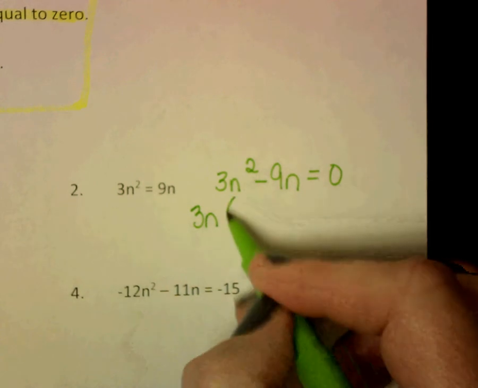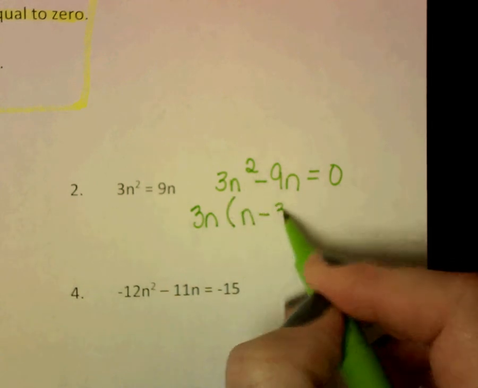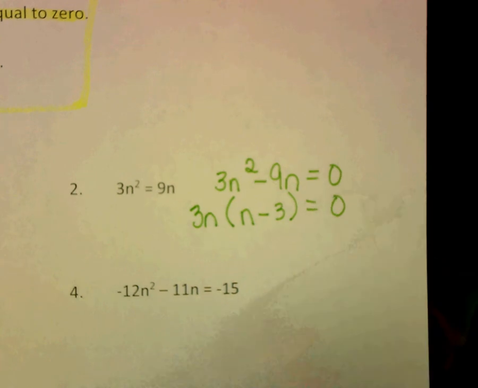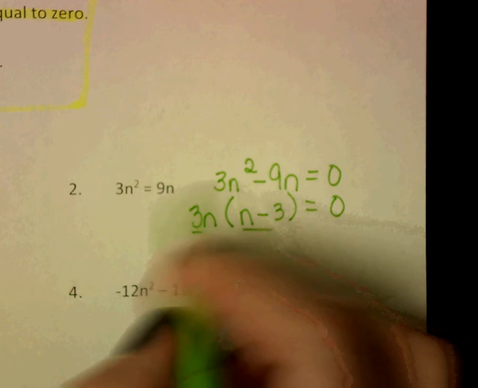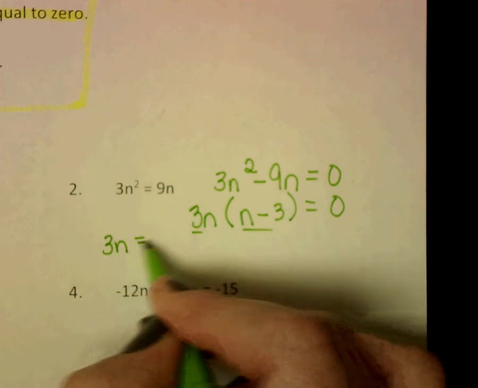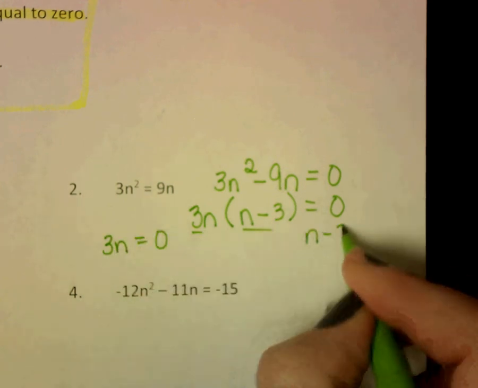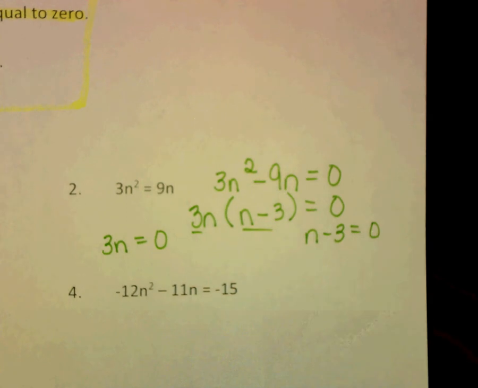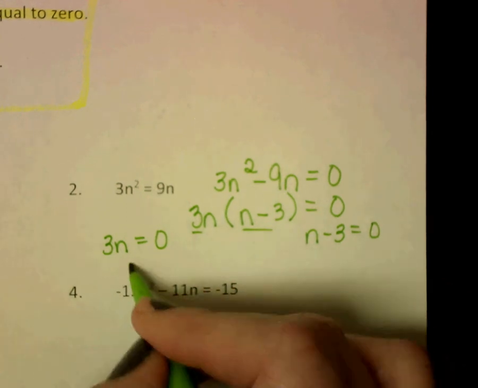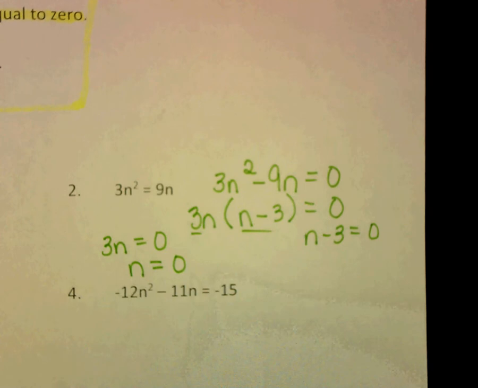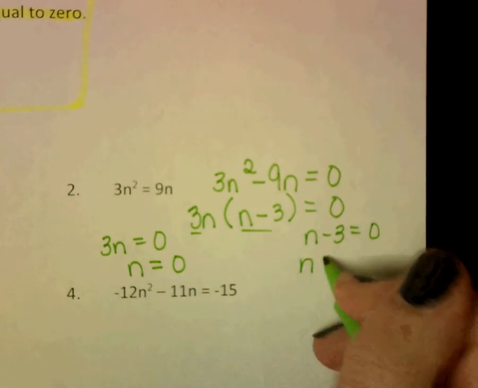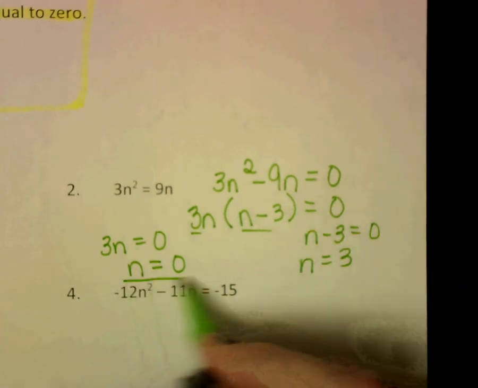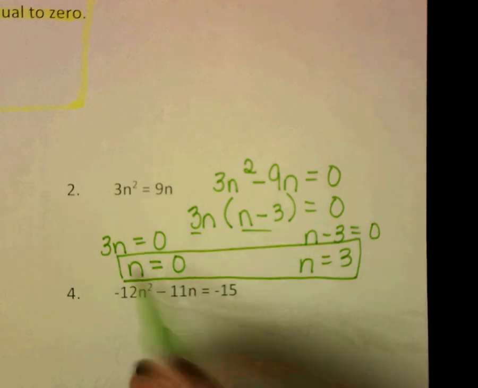When I divide that out, that leaves me with 9 minus 3. Okay. Now that I have it factored, I'm going to take each factor and put each factor equal to 0. And so here we would get n equals 0. Here we would get n equals 3. So again, I have two solutions, 0 and 3.